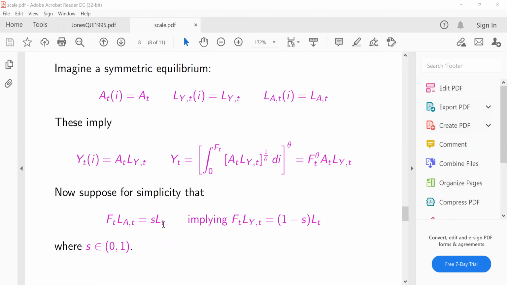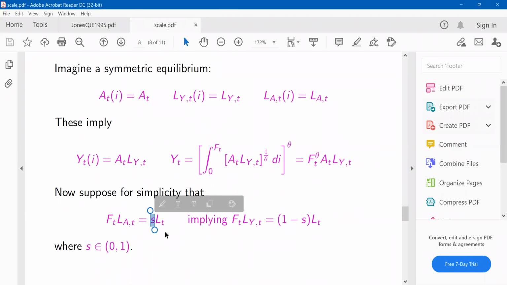What we assume here is this. We assume that a fraction S of the total workforce is employed in knowledge. This is the entire flow of workers employed in R&D, and that is a constant fraction of the total labor force.